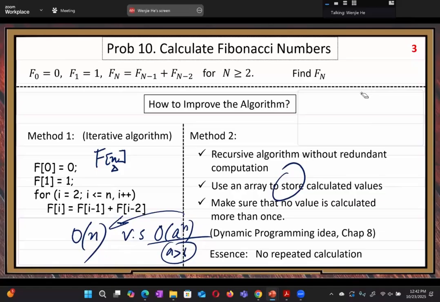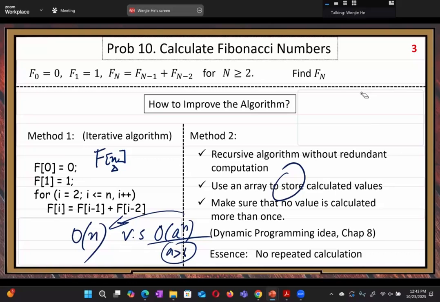Then we do a comparison. Brute force method, dynamic programming method, then we compare. How much is the difference? So, it gives you an impression of why this method is so important. Okay?